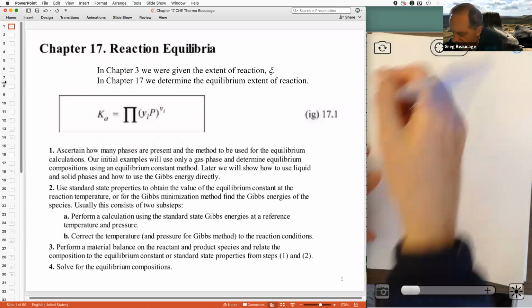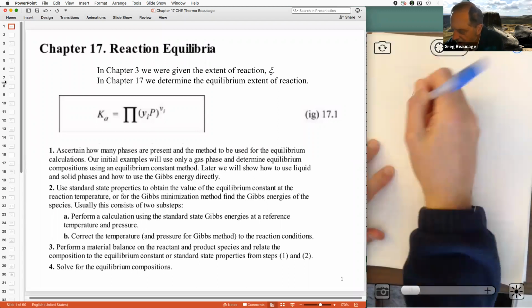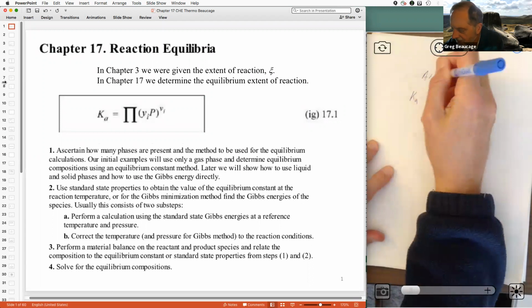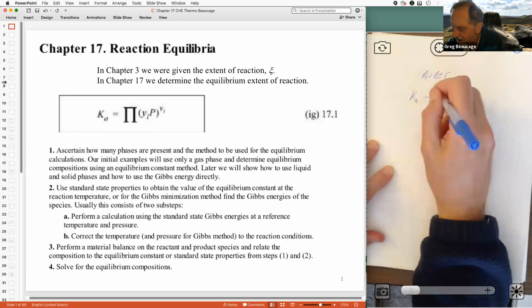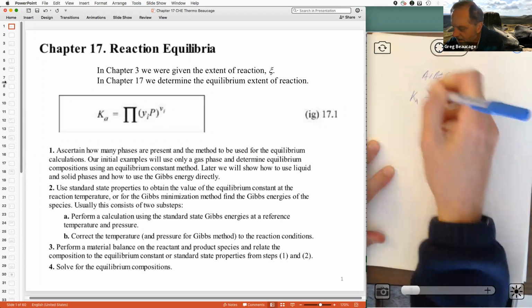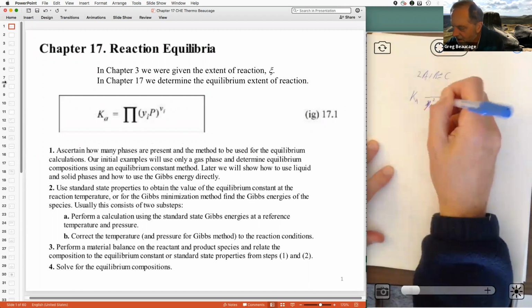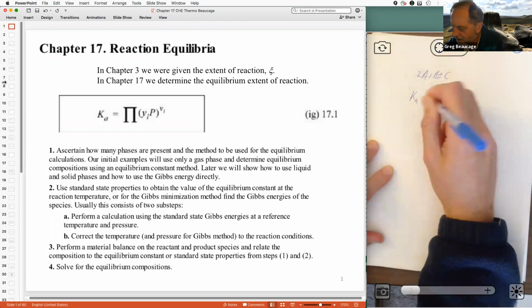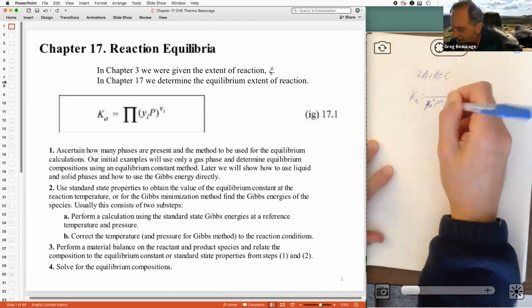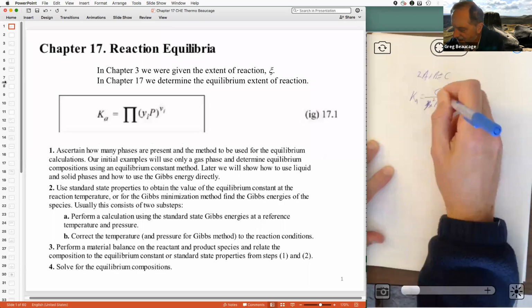That pi means, if you have A plus B goes to C, then you have the products. So you have YA P. If it's 2, then it's YA squared P squared, times YB P, and then YC P. The P cancels and you end up with P squared.